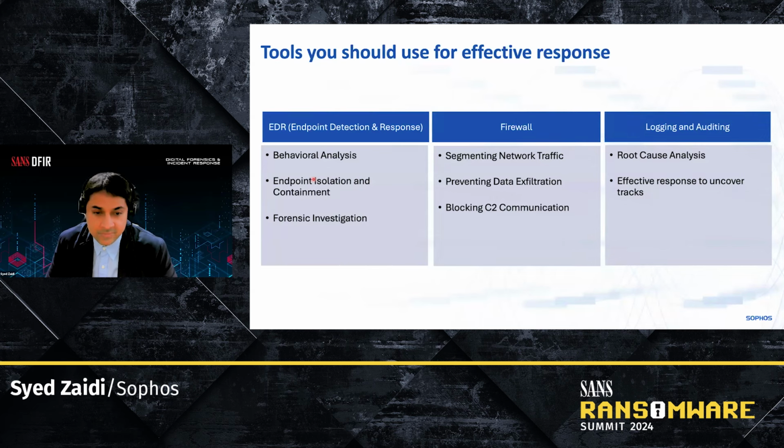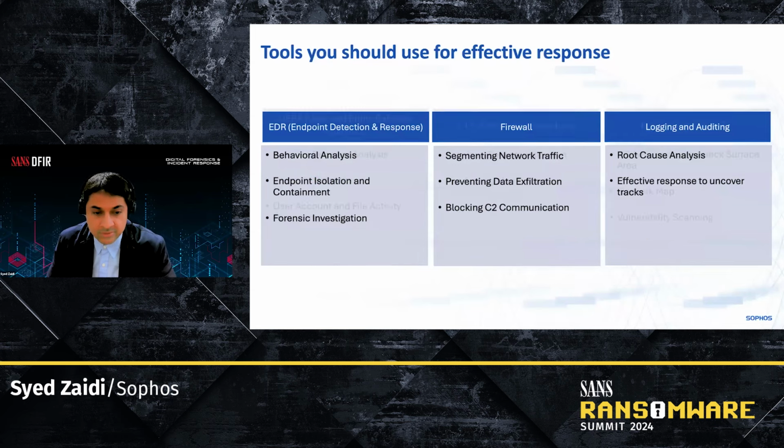Threat actors nowadays use several defense evasion techniques to cover their tracks, for example, wiping logs and killing services that ensure logging. So centralized logging and auditing can help uncover those tracks and help to find the root cause. In the next slide, we will discuss one more thing.